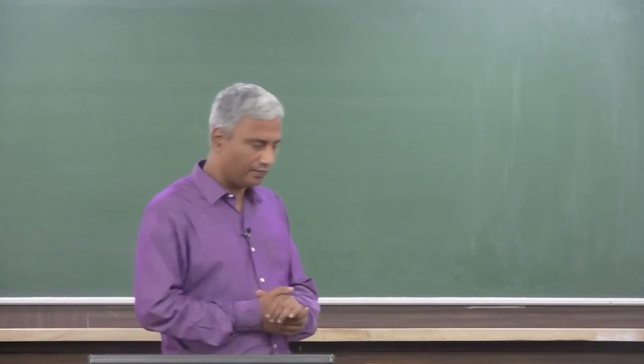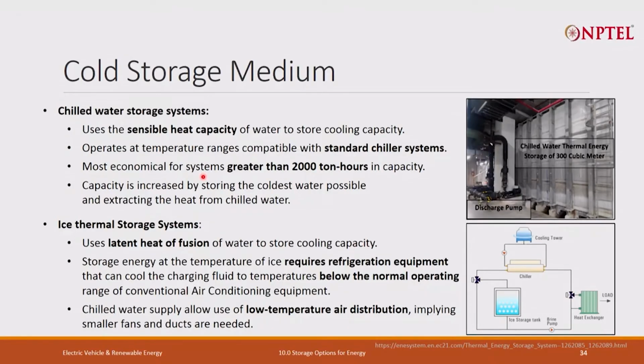Now, the same water storage, which is right now 300 cubic meter, I can utilize it to convert it into ice also, and in that case the same energy storage capacity would go almost 100 times more, or I can reduce the volume by 100 times less.